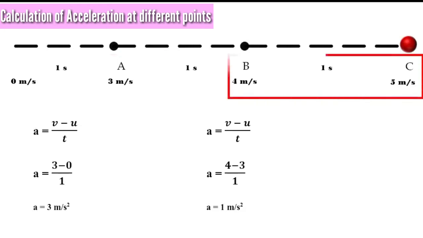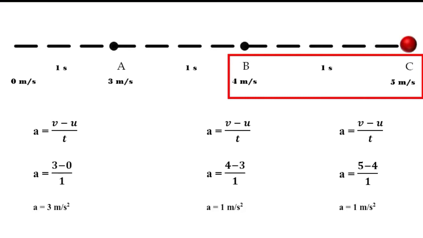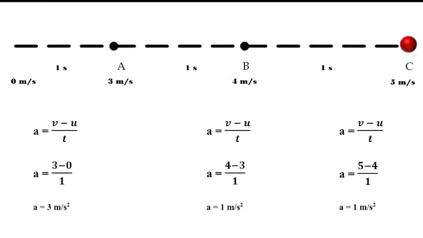Next, the acceleration between point B and point C: the final velocity is 5 and the initial velocity is 4. So 5 minus 4 divided by 1 is the acceleration, which is equal to 1 meter per second square. So like this, by using the formula a is equal to v minus u divided by t, we can get the value of all the accelerations.